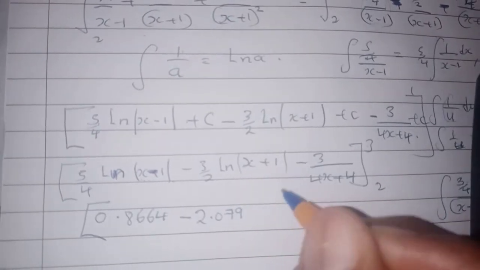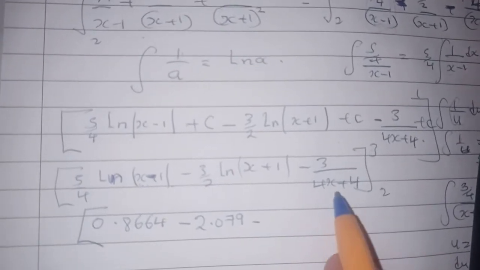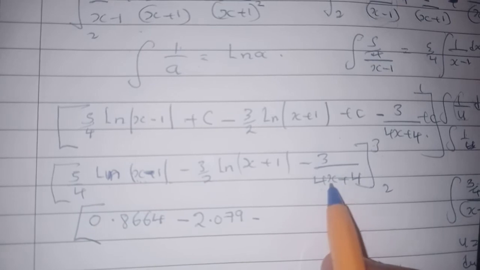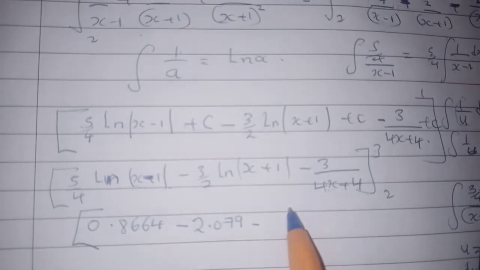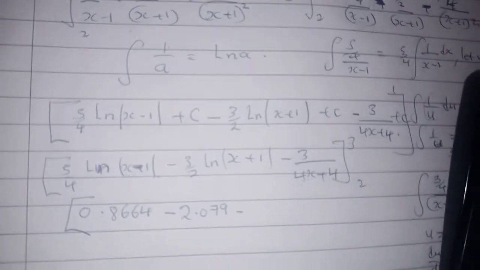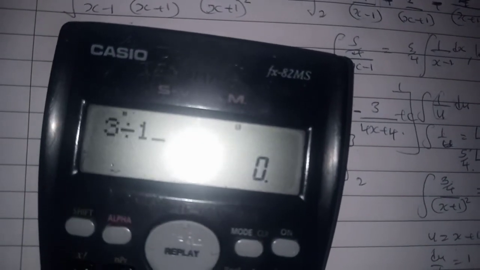Minus, here there's no natural log, just take 4 multiplied by 3, which is 12, plus 4. 12 plus 4 is just 16. So key in 3 divided by 16, which equals 0.1875.